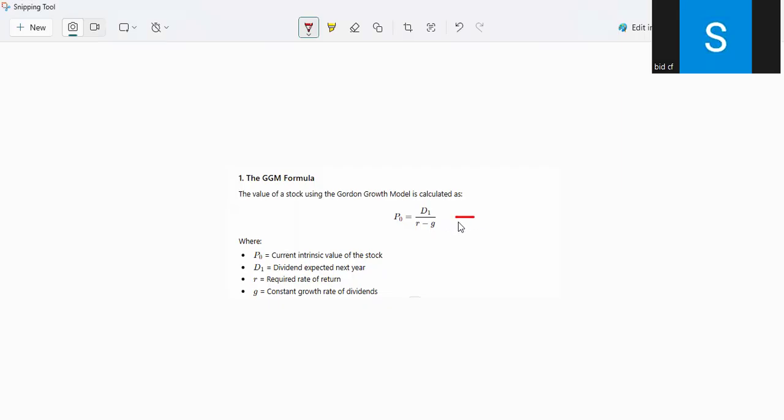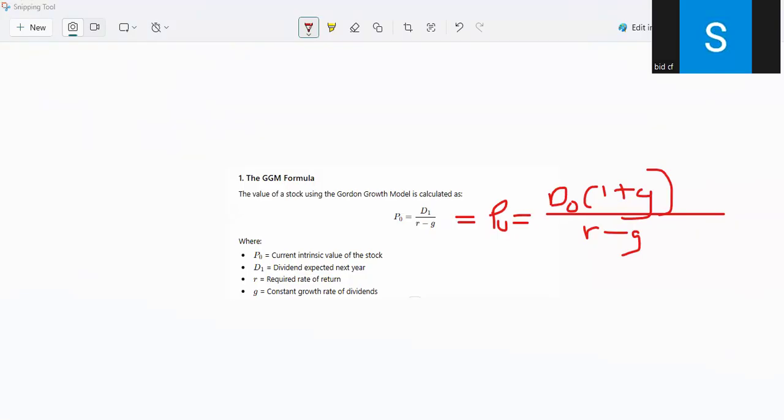So you can alternatively rewrite this as follows. P0 is equal to what? D0 times 1 plus growth over R minus G. Okay, so this is what we call our intrinsic value using Gordon's model.